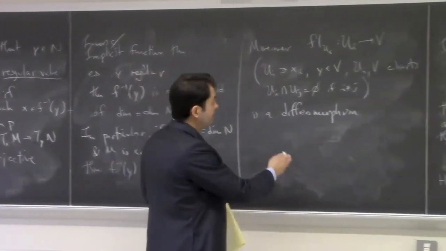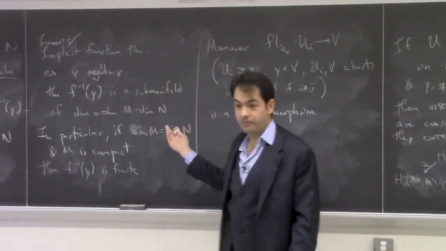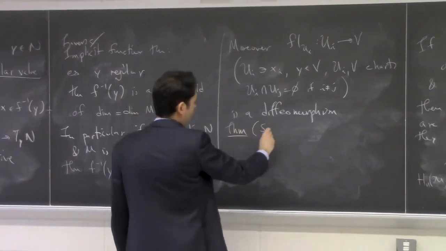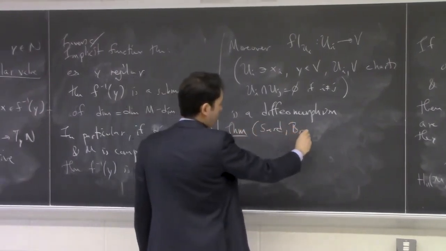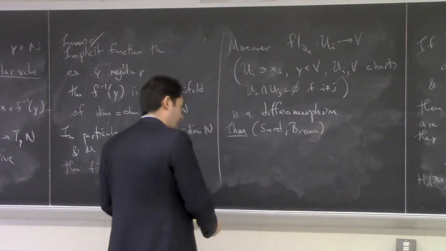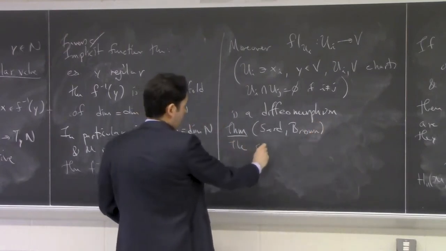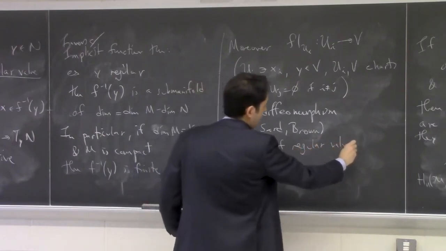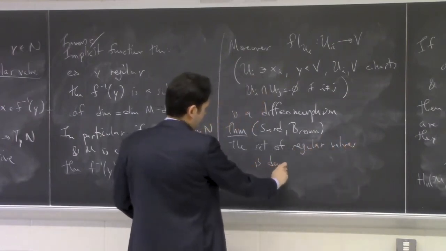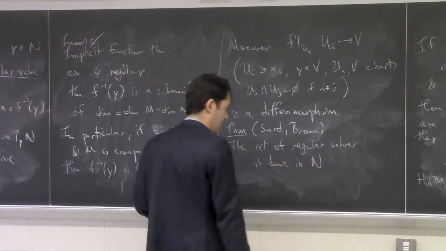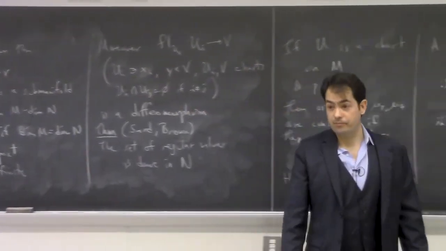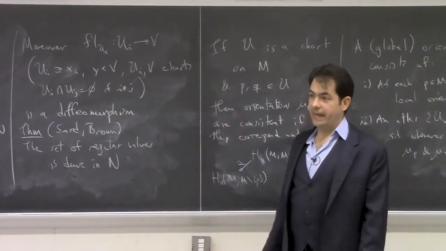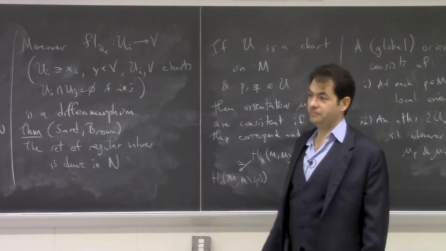So everything is wonderful as long as we have regular values, right? So here's a fantastic theorem, Sard's theorem, although in this case it was proven by Brown, which says that the set of regular values is dense in N. So if you pick a point at random in N, it's a regular value.